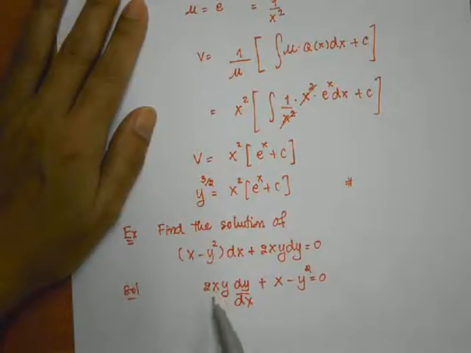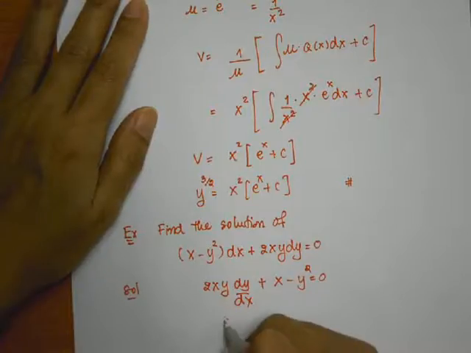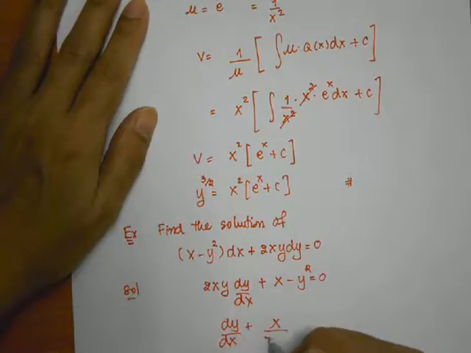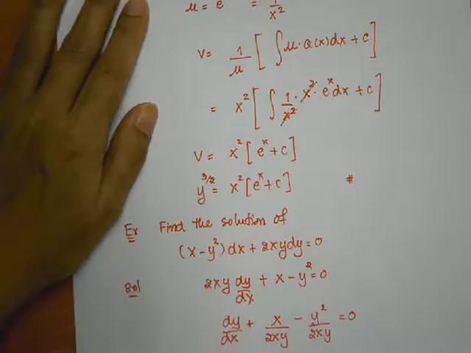And then I make the coefficient in front of dy by dx equal to 1 by dividing the whole equation by 2xy. And then just make it simple, okay?